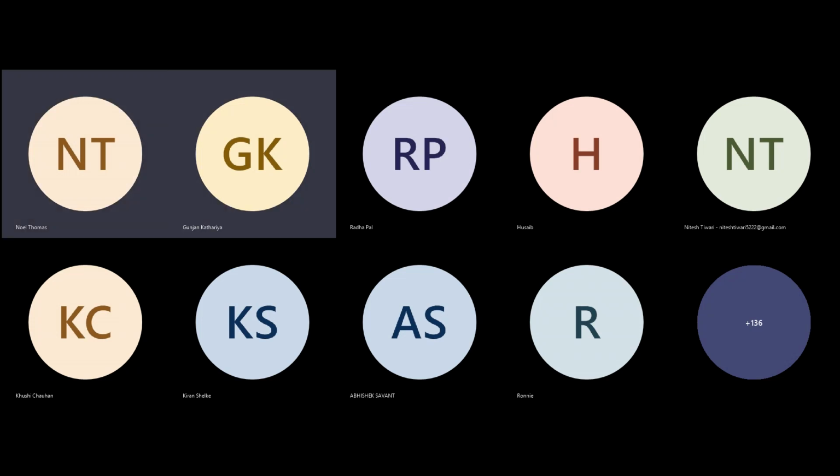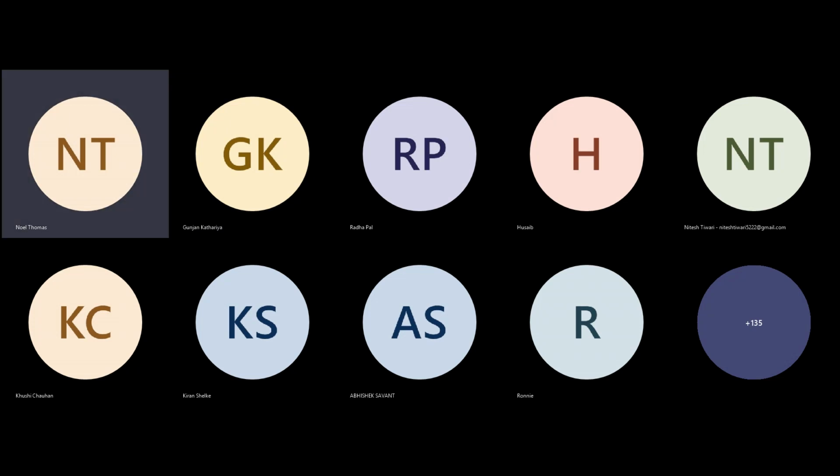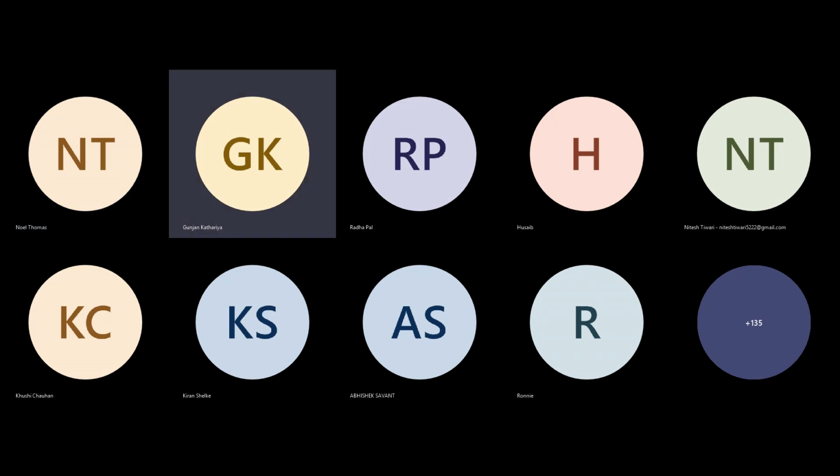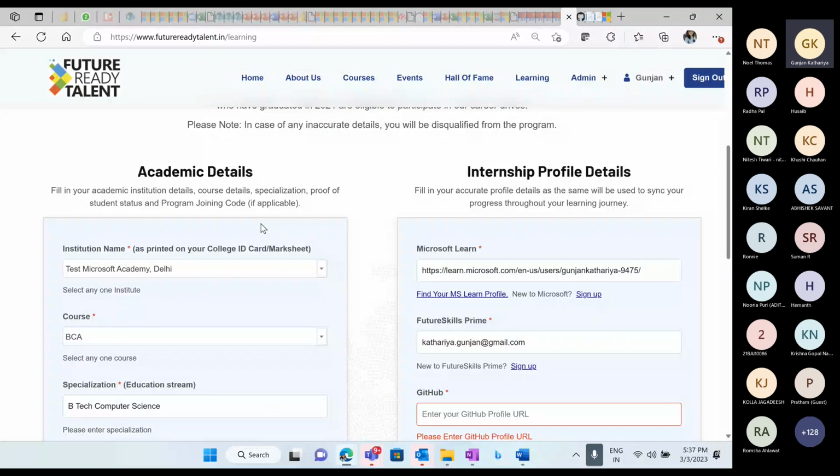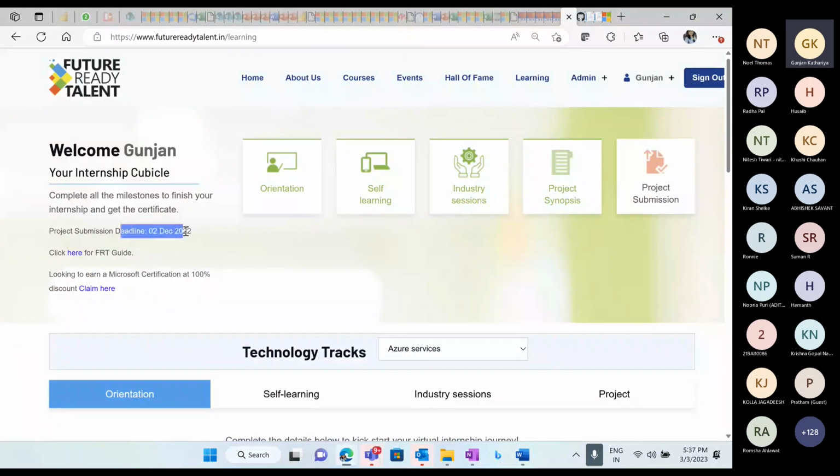Okay, fine, ma'am. Is there a way we can find the day when we registered? So Noel, if you're already registered, you can see how many days are left to complete your internship. On the top, you will see your deadline.